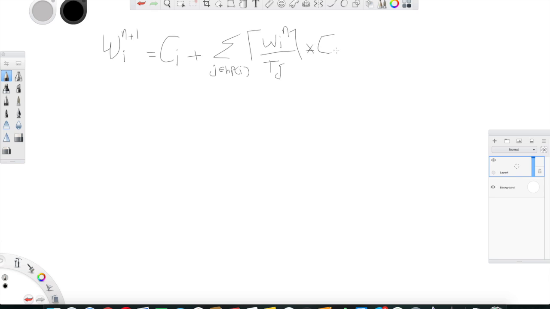By the computation time or the execution time of J.